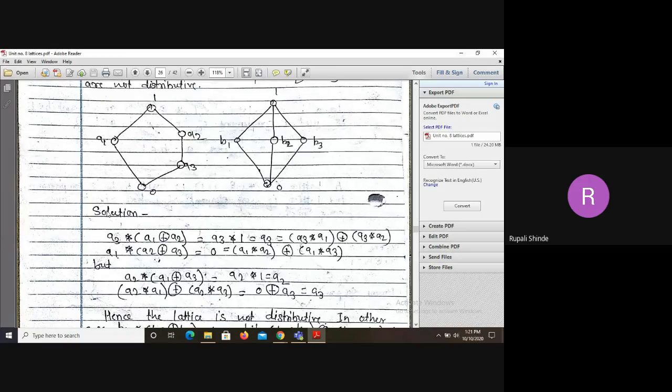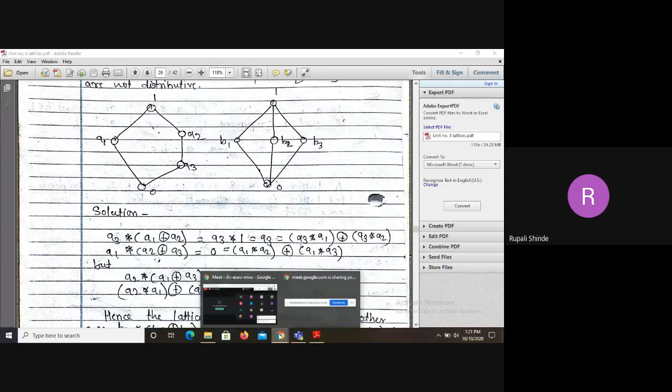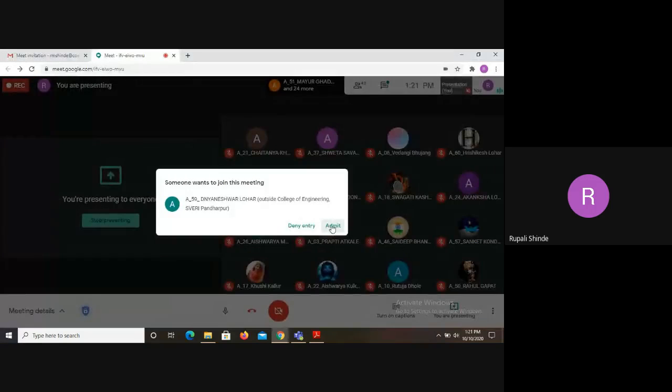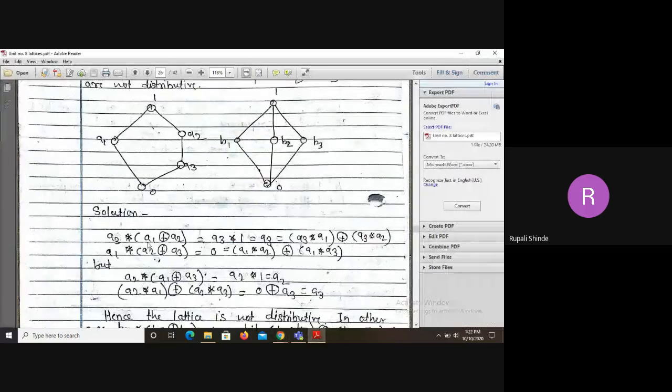So likewise, we can again consider A3 as the first element. So A3 star. Now on the remaining two elements, we have to apply the XOR operation. So A1 XOR A2. First of all, find the value for LHS, that is A3 star (A1 XOR A2).